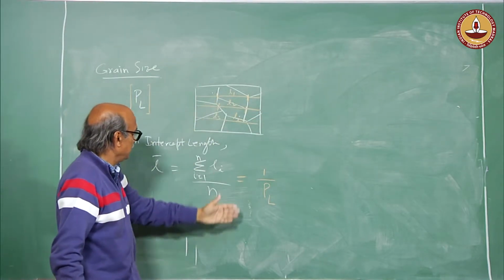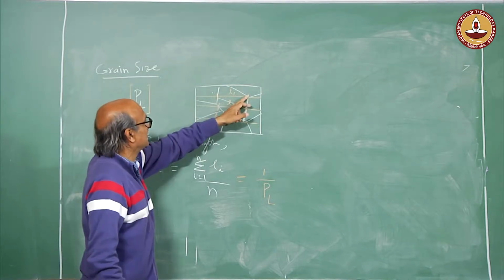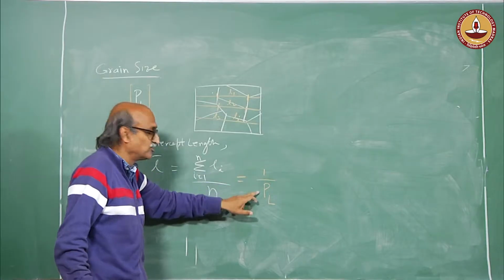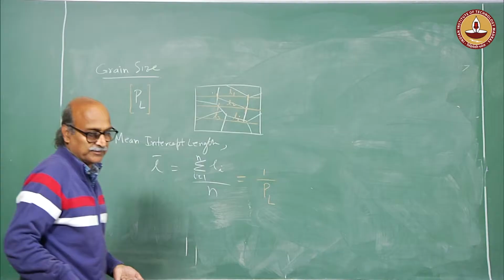I will simply count the number of intersections I get with the grain boundaries, divide by the total length of the grid line, I will get PL, and the reciprocal of that would simply give me the mean intercept length.